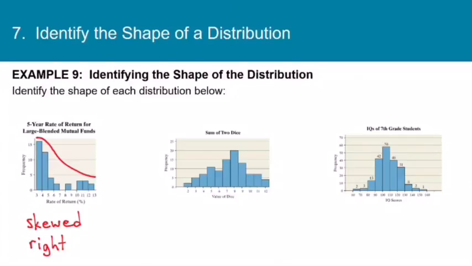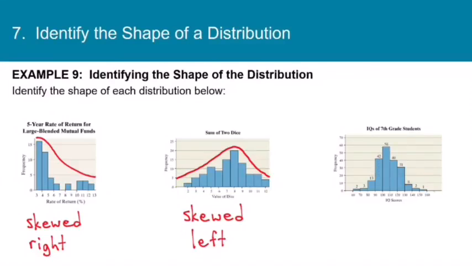The second data set, you could almost argue that it's bell-shaped, but notice that from the tallest bar, there are only 1, 2, 3, 4 bars that are bigger than that, but there are 1, 2, 3, 4, 5, 6 bars that are less. So I'm going to say this data is slightly skewed left.